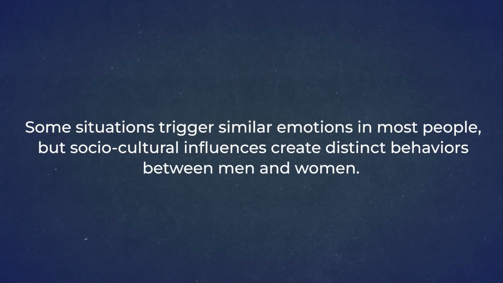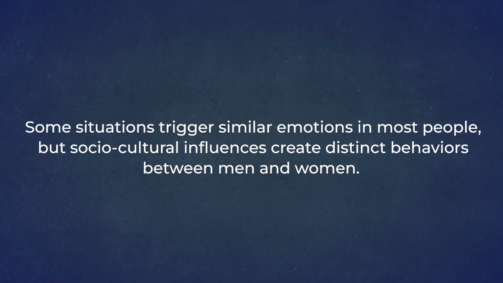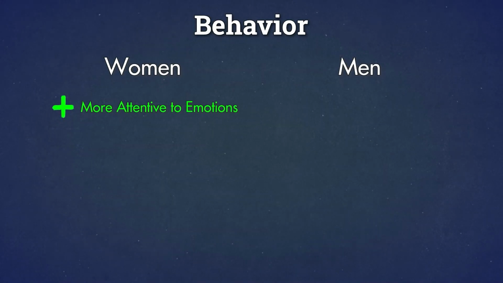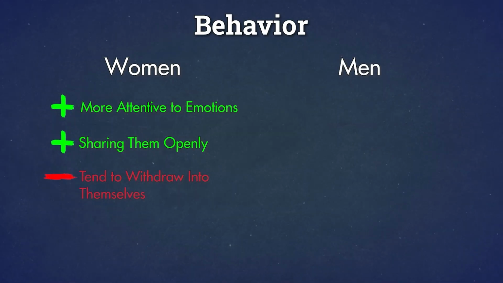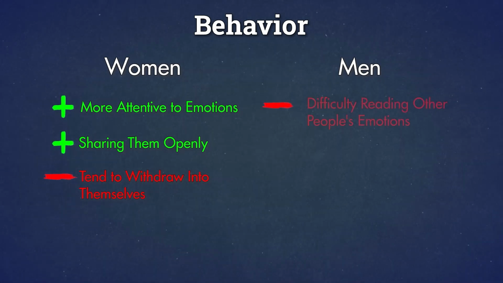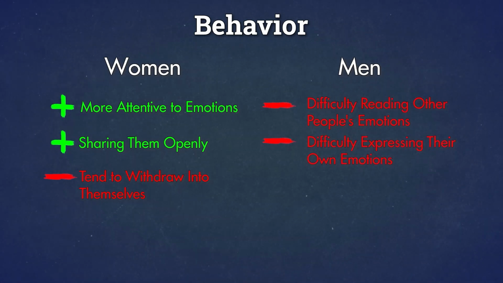Some situations trigger similar emotions in most people, but socio-cultural influences create distinct behaviors between men and women. Women are more attentive to emotions, sharing them openly, especially joy, but they tend to withdraw into themselves when unpleasant emotions arise. Men, on the other hand, have more difficulty reading other people's emotions and expressing their own emotions.